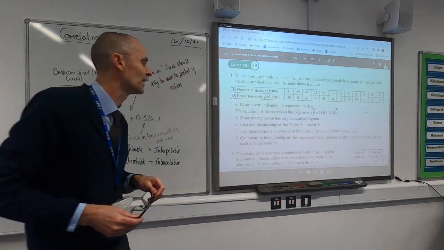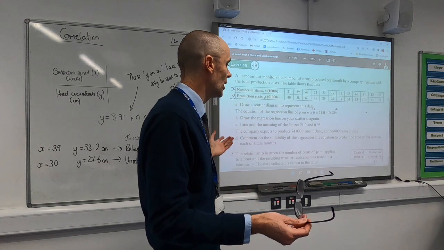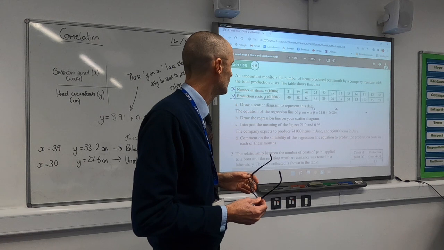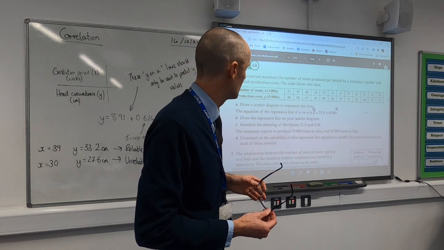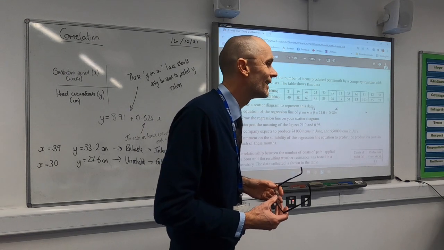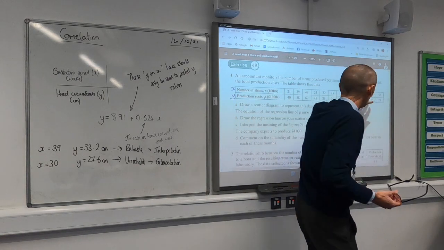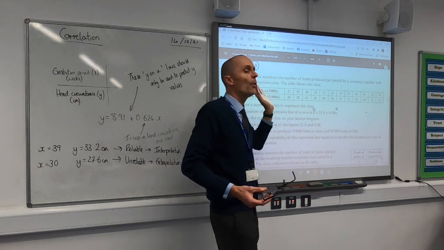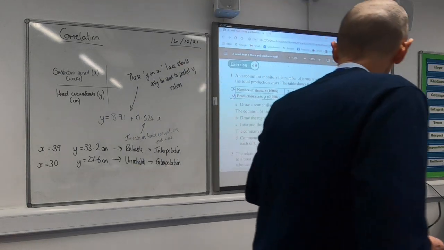So Harry, a prediction for 74,000 items, reliable or not reliable? It would be, yeah. Because 74,000, this is 74, is well within that range. 95,000, well outside the range. We've got no idea if they've got the capacity for that, so that's not safe.